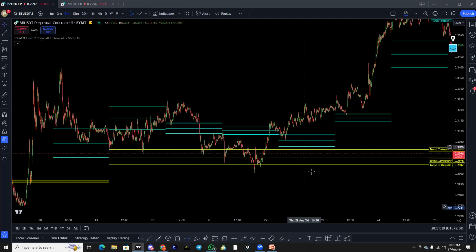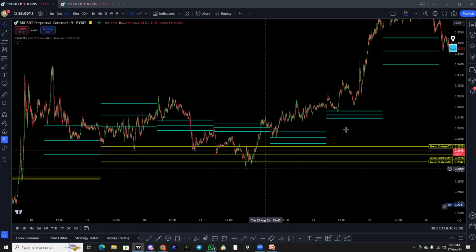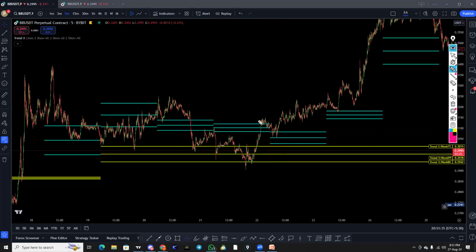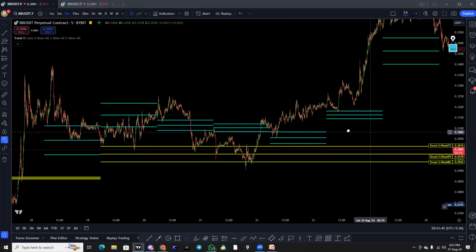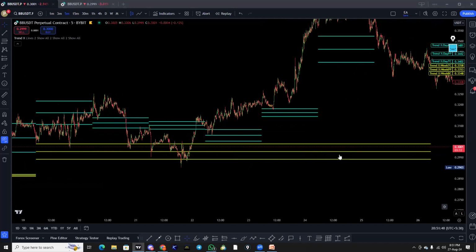Okay, fine, sir. I'm sorry. So you can see these here. When we see this kind of weekly index, then we are looking for long positions. Now you see here, we didn't get any ascending trend X here.